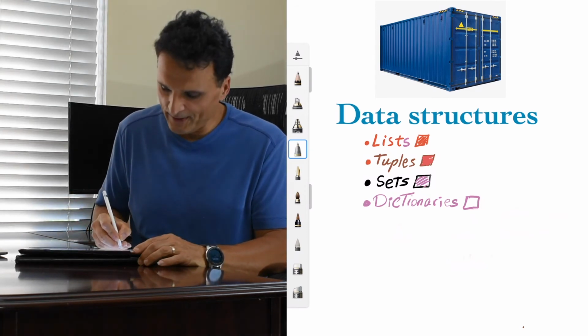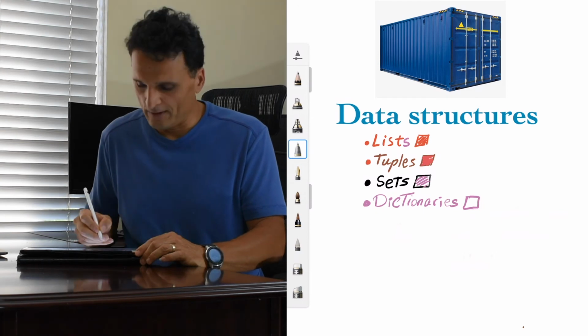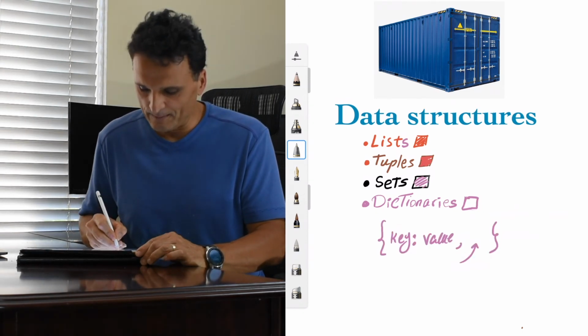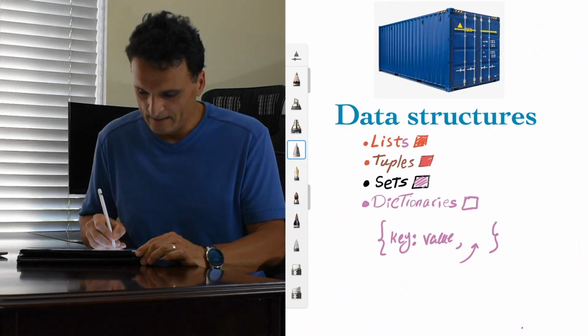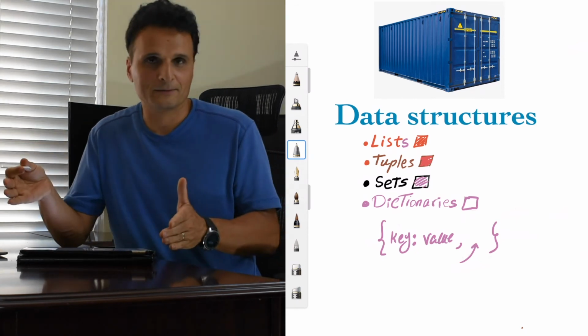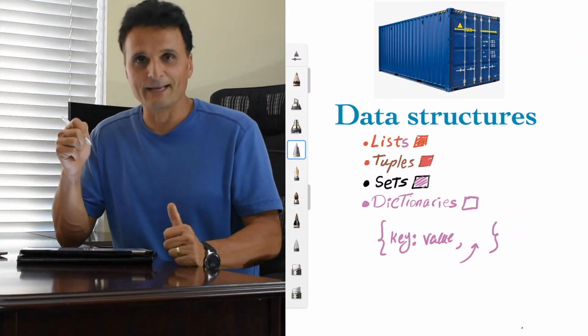We use curly brackets for dictionary, and inside will be key, colon, value, and then comma, the next key and value. Let's have some examples.